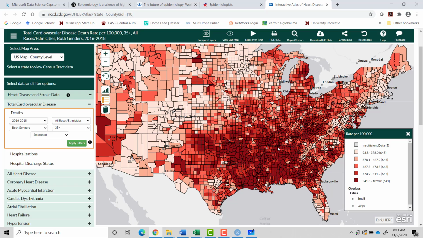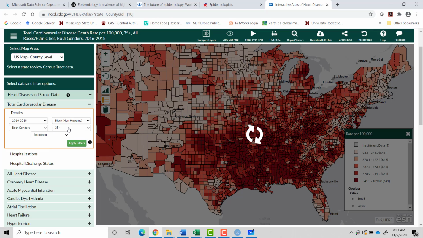This is sometimes called the stroke belt. You go from East Texas through the south, then up through West Virginia, Kentucky, and these all have very high rates of heart disease. And you could actually look by ethnicity, so you could look by African American.